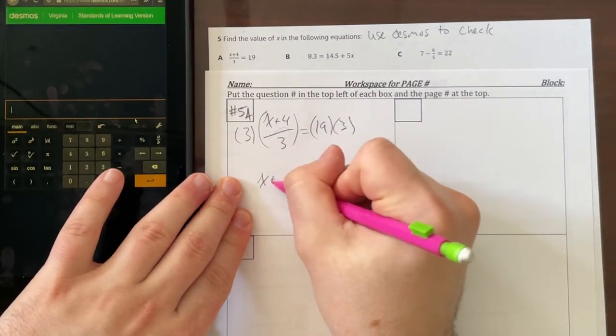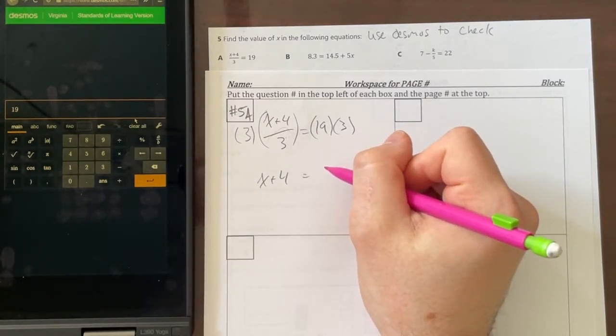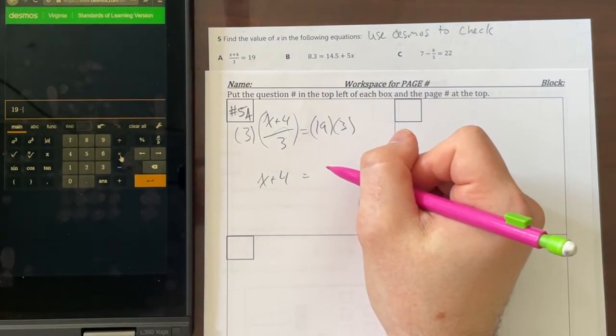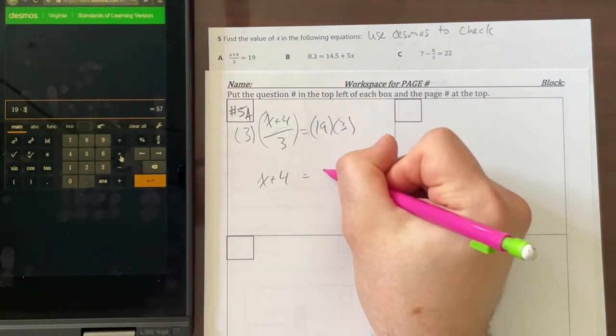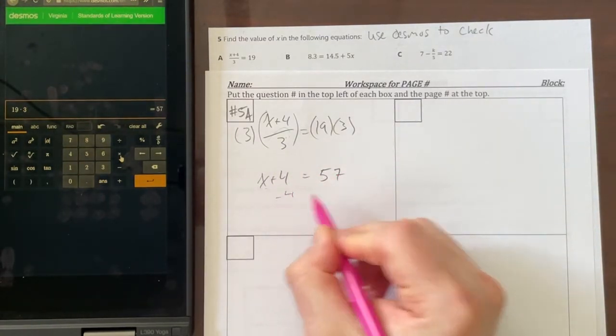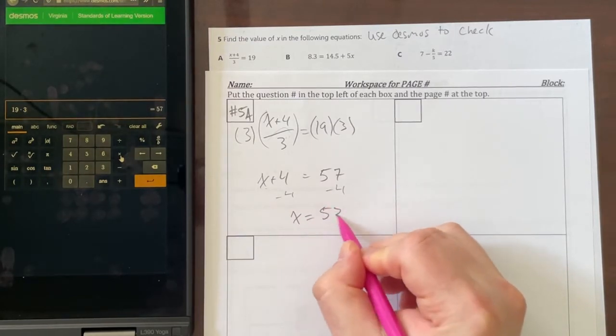And so I have x plus 4 is equal to 19 times 3. 57, sounds good. One-step equation, get x by itself, subtract 4 to both sides, so we have x equals 53.